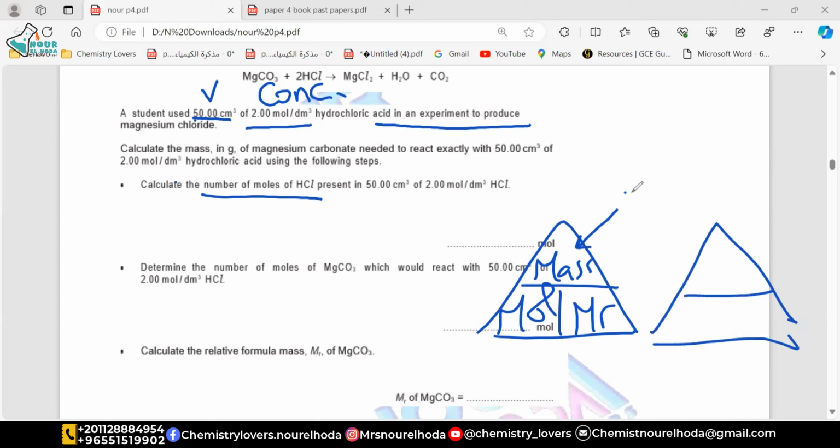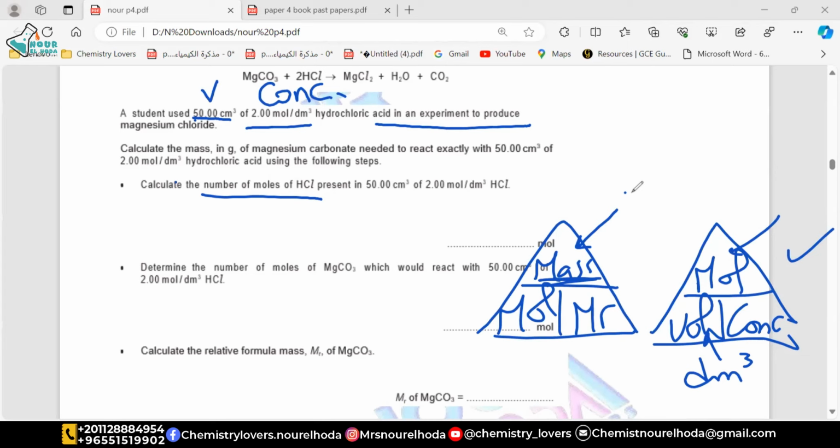The second rule is if I'm not given any mass, but I'm given volume or concentration. In this case I will multiply volume times concentration to get the mole. But take care, the volume must always be in decimeter cube. If I get it in centimeter cube, I need to divide by 1000.